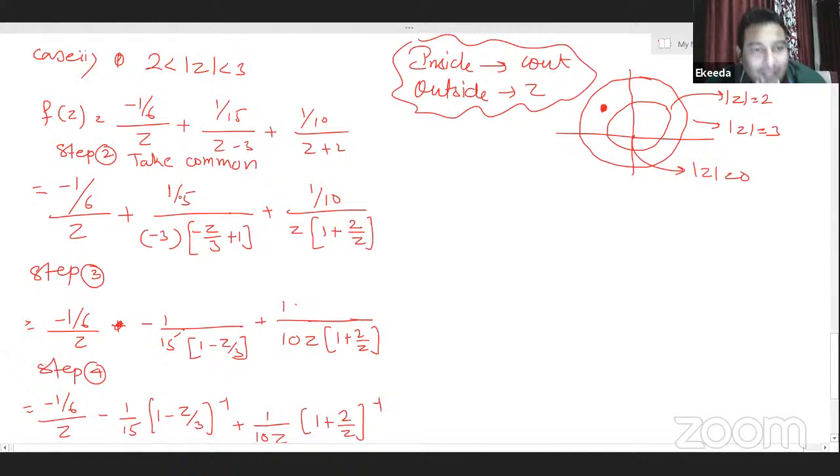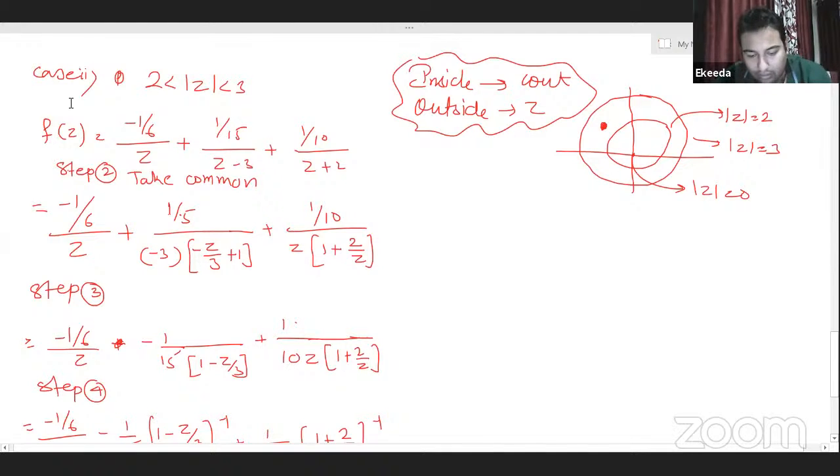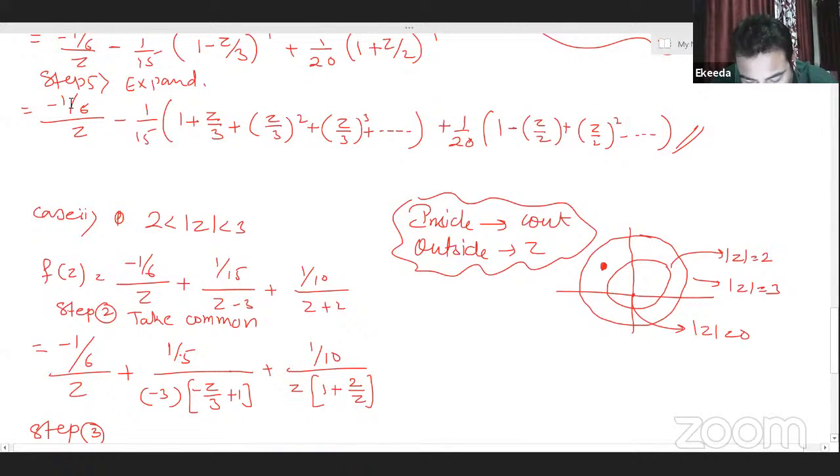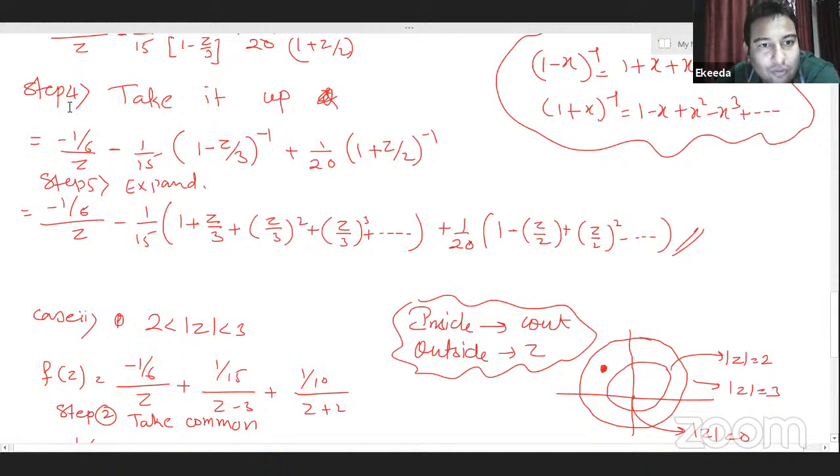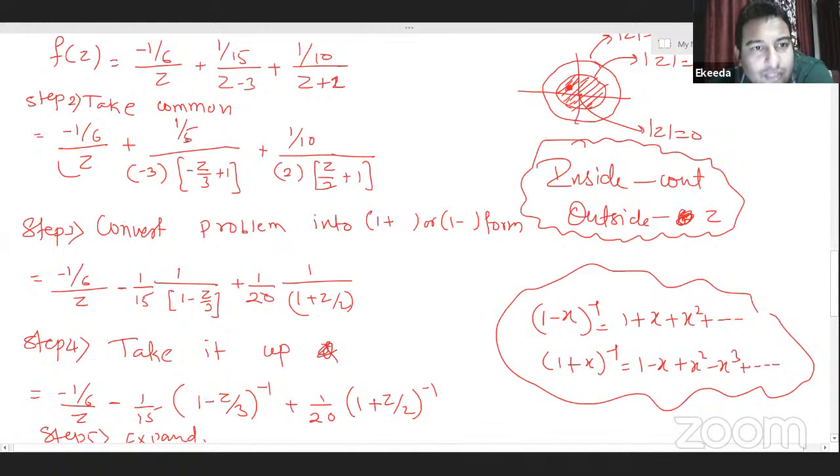Where? Acha, yes, that's a mistake. This mistake is done here also. See here. It's a silly mistake. This is 15. So 15 times 3 is 45. So this will be 45. Yes.